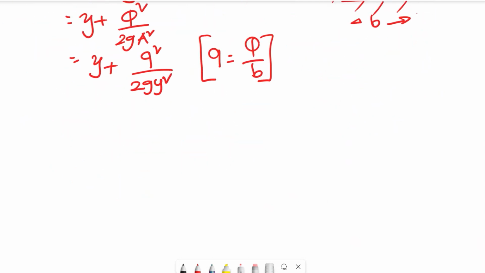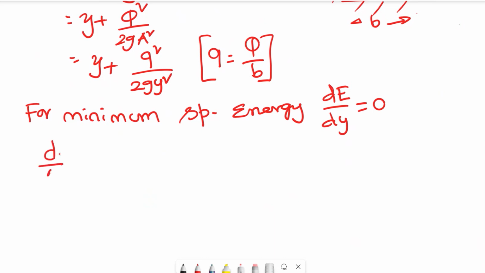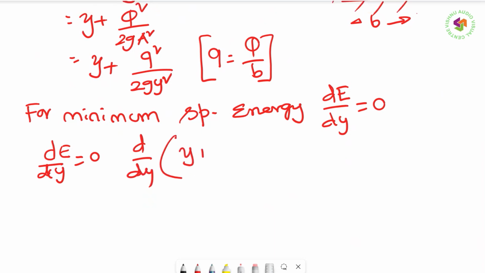Therefore, for minimum specific energy, dE by dy should be equal to 0. So d by dy of y plus q squared by 2g y squared is equal to 0.